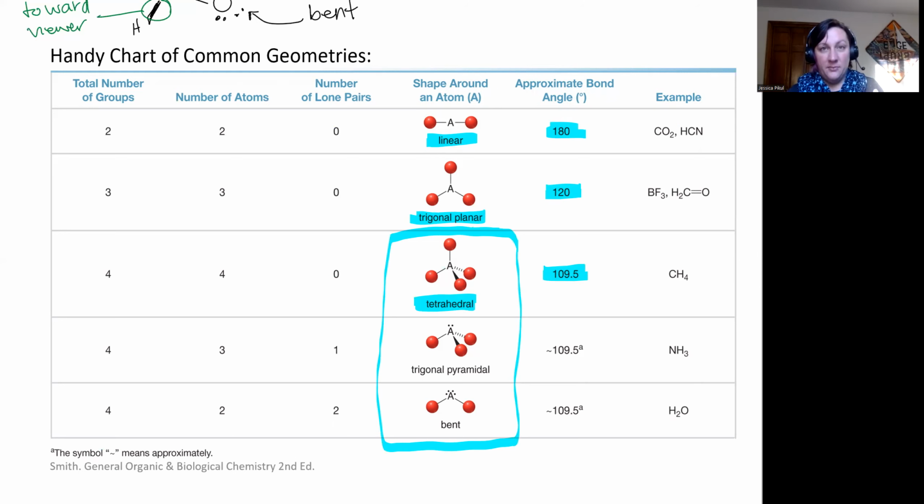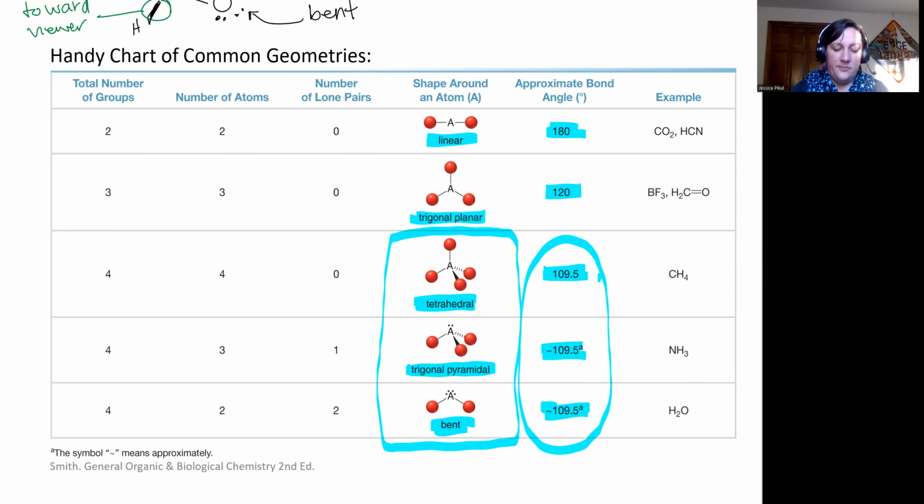So if we have 4 atoms around a central atom, it's tetrahedral. But if one of those becomes a lone pair and we only have 3 atoms bonded, then we call it trigonal pyramidal. It kind of looks like a pyramid. And if it's just 2, like the water, we call it bent. But these bond angles, you'll notice, are all about the same.